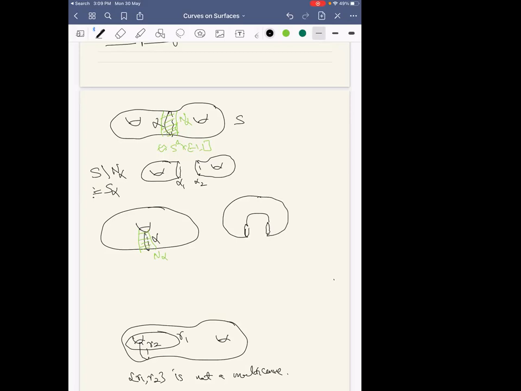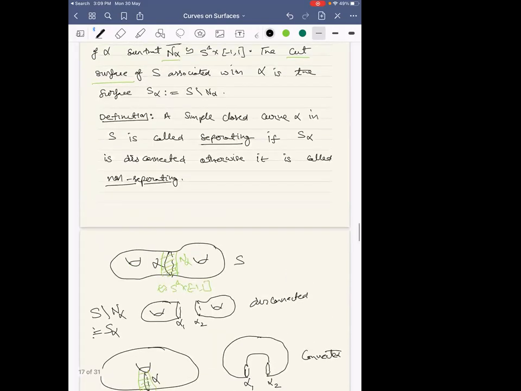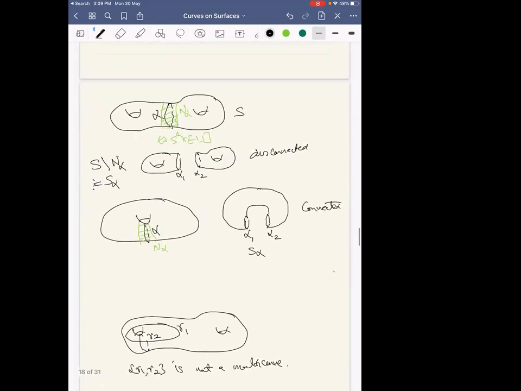Actually, it is an annulus here. Let me call the boundaries alpha 1, alpha 2. The resulting surface is actually connected, whereas here it is disconnected. So this is your S alpha. In the first case, when the resulting surface is disconnected, you call your curve separating. In the other case, it is non-separating.